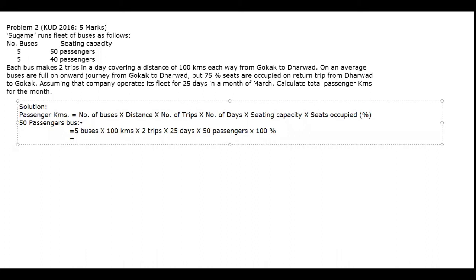When we multiply all together, it comes to 12,50,000 passenger kilometers. So this was for onward journey.